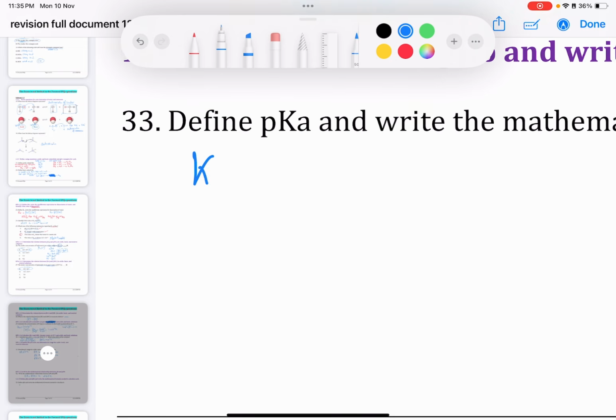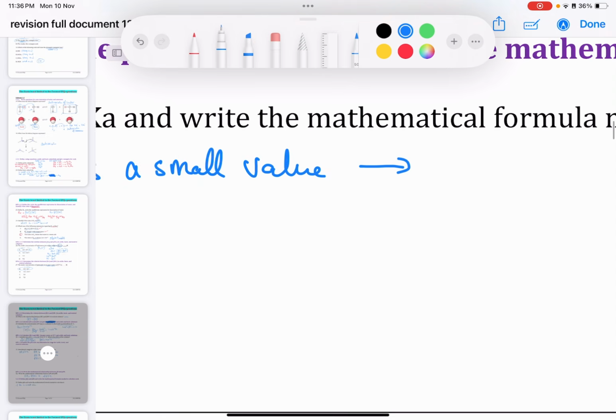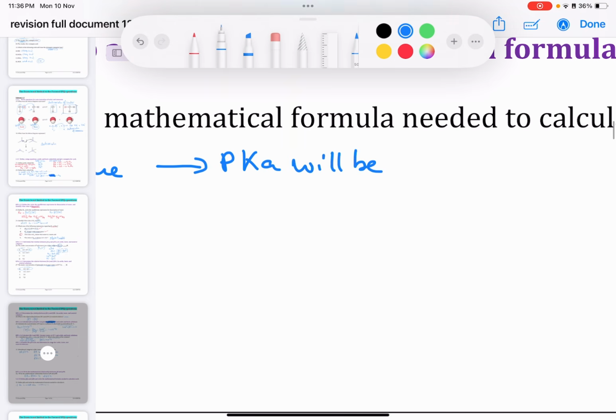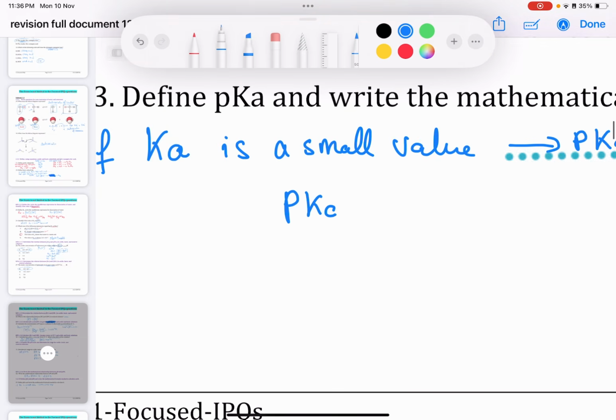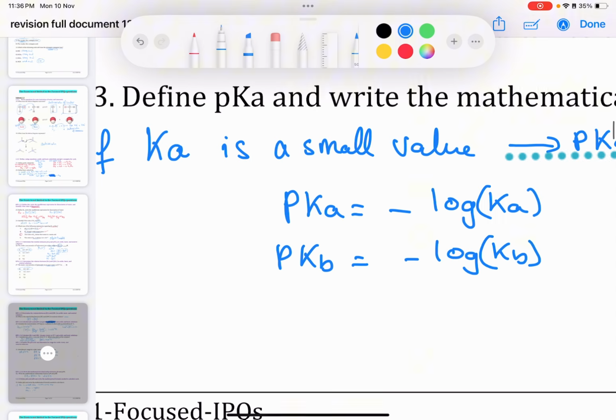So I mentioned previously that if Ka is a small value, pKa will be large value, and vice versa. Now, pKa is equal to minus log Ka. Again, pKb is equal to minus log Kb.